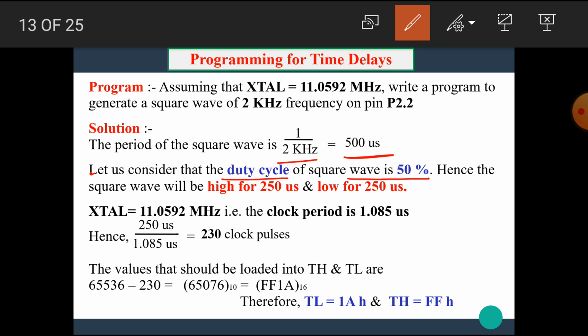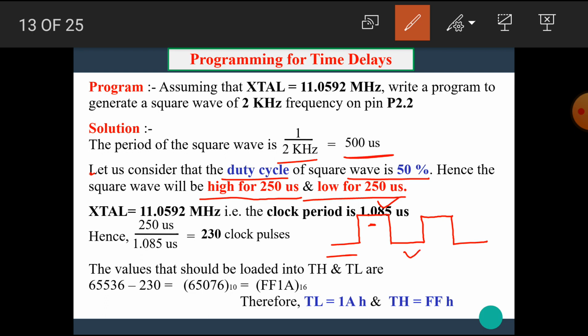Hence the square wave will be high for 250 microseconds and low for 250 microseconds. That means the square wave has an on time and an off time. This is the square wave in which this is the off time and this is the on time, or we can say this is the high value and this is the low value.